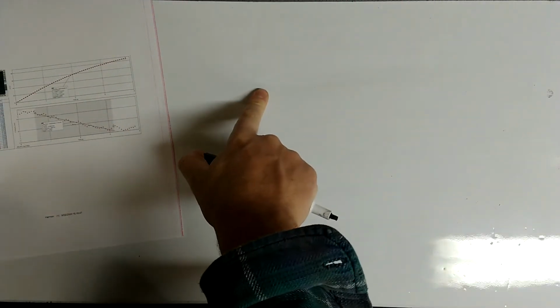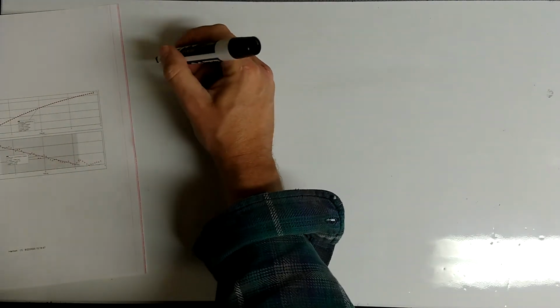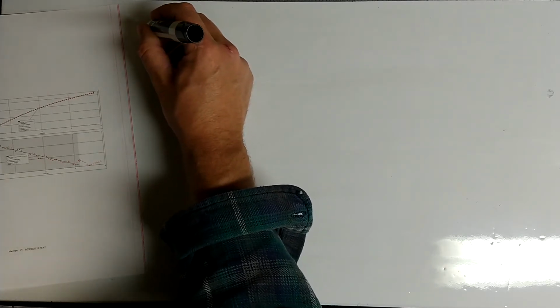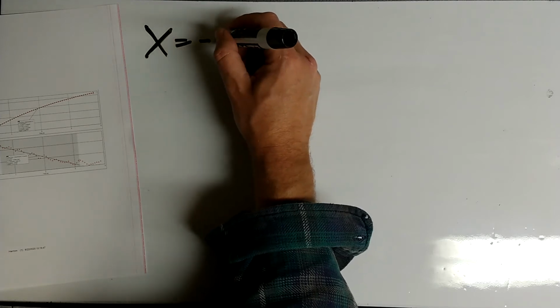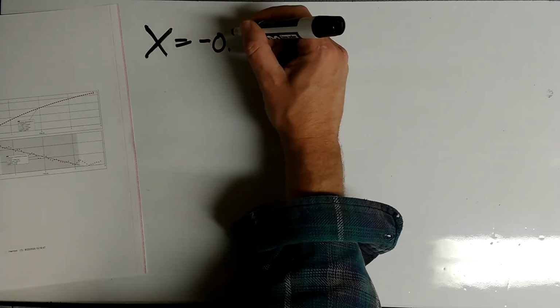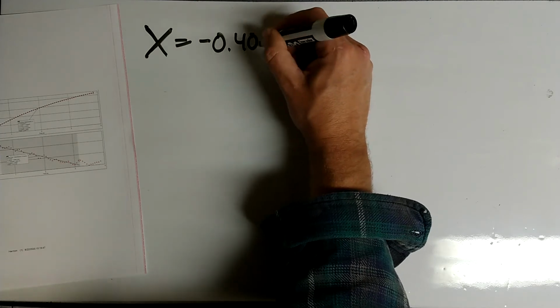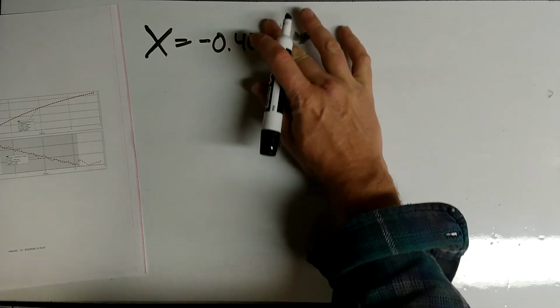But when we did the curve fit on this position versus time graph, the equation is, I'm going to have to get down and kind of look here. You might see me in the frame. I don't know. It's x equals negative 0.40 t squared. I'm not going to put the units on it quite yet. You know what? I'm going to leave space for the units.